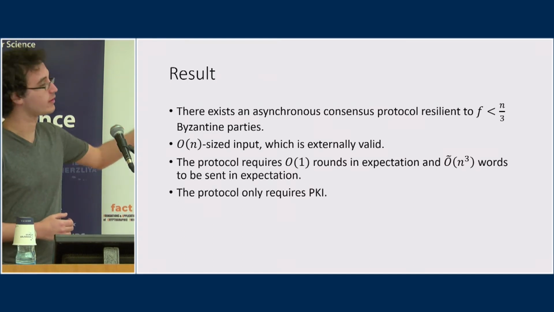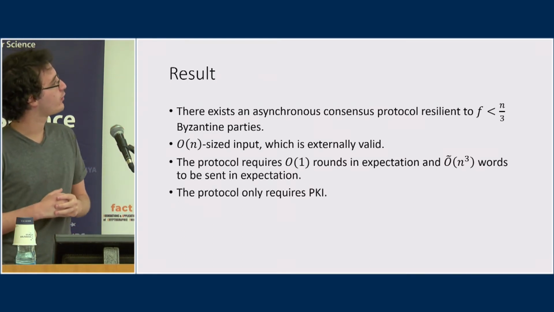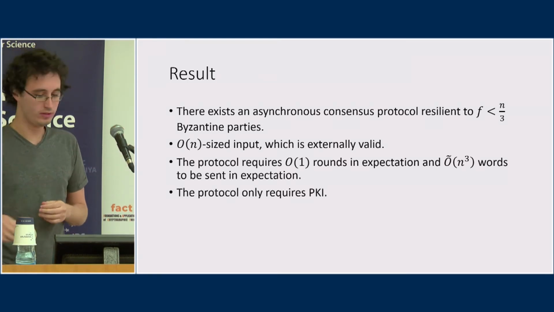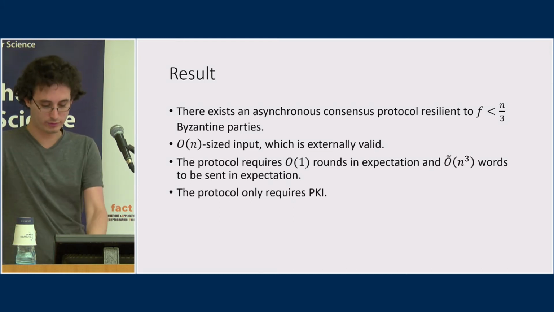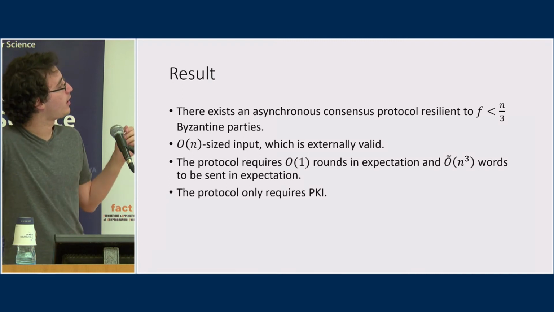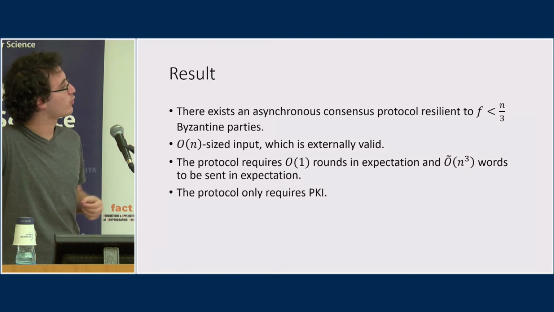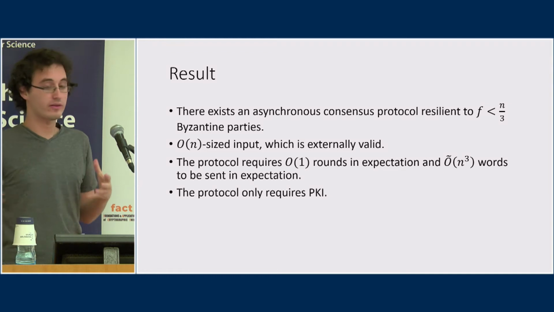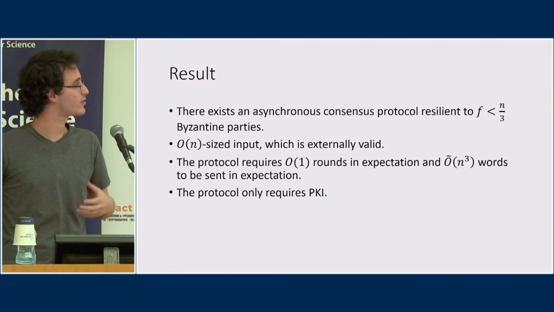All right, so now here's another result of our paper. There exists an asynchronous consensus protocol resilient to fewer than n over 3 Byzantine parties. In our protocol, we use order n-sized inputs, and they're all externally valid, as in they're actual transcripts.